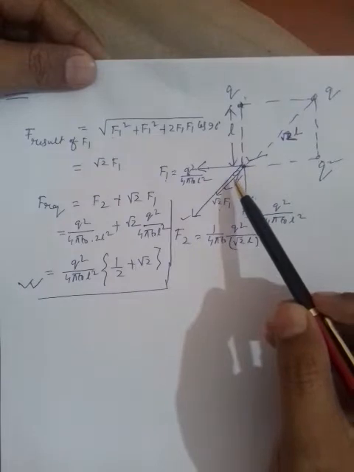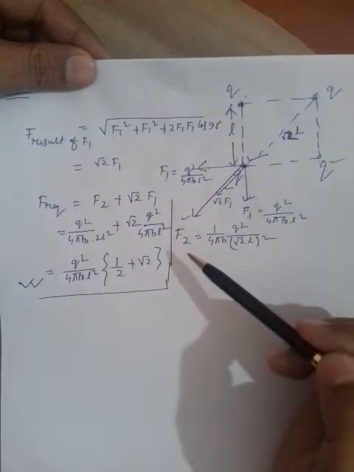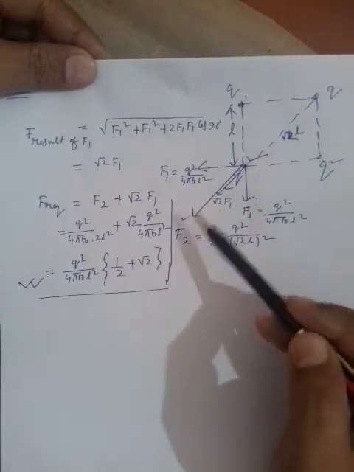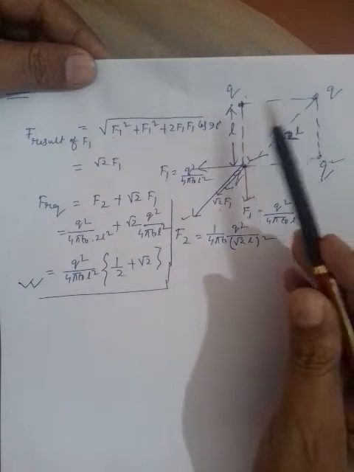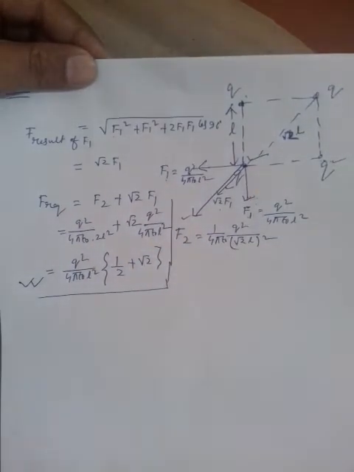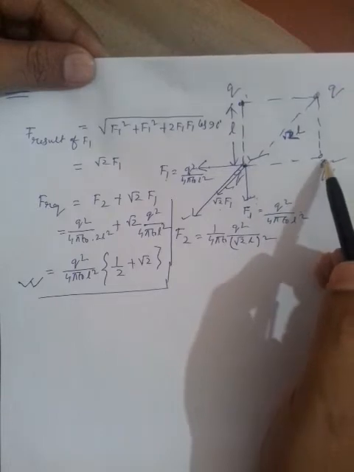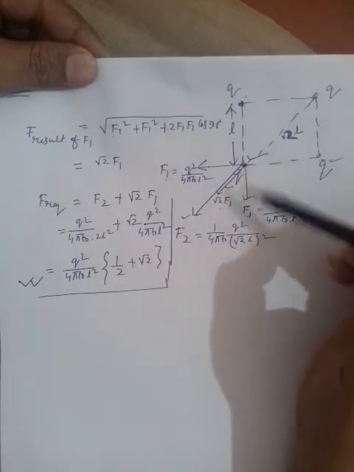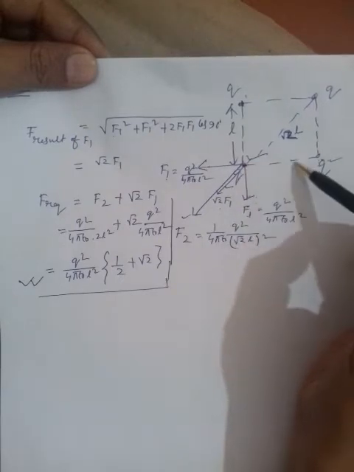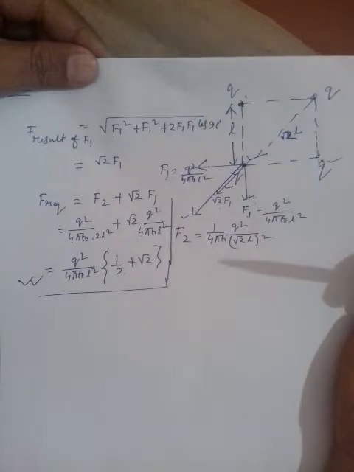Few questions were discussed. The last one is this: 4 point charges are kept at the corners of a square. How to calculate force acting on any point charge at one corner? The whole procedure was explained. In that case, one interesting point was there: the force because of this charge and the force because of this charge acting on this one are the same, say this is F1 and this is also F1, so their resultant passes to the middle.